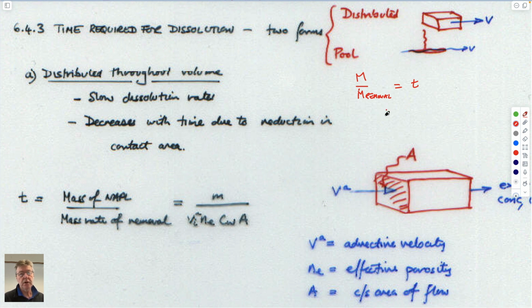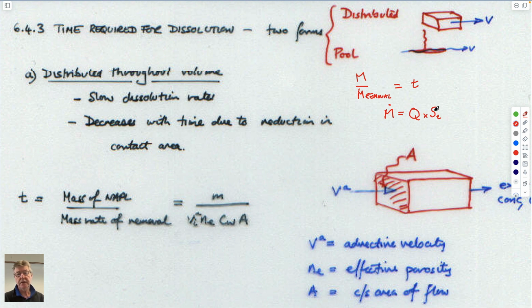I guess you also know that the mass rate of removal is equal to the volumetric flow rate times the solubility, I suppose, effective solubility. So this is a volume per unit time.